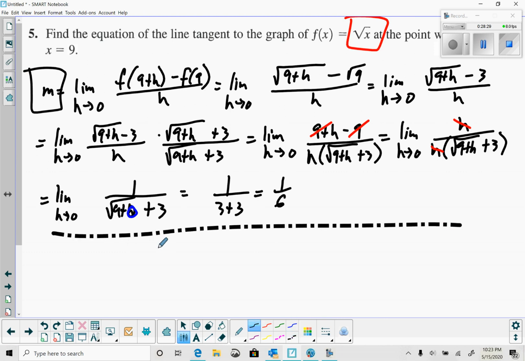So now we need y minus, now again, hopefully we can figure this out without too much trouble because we did the work right here, when x is equal to 9, f of x is equal to 3.